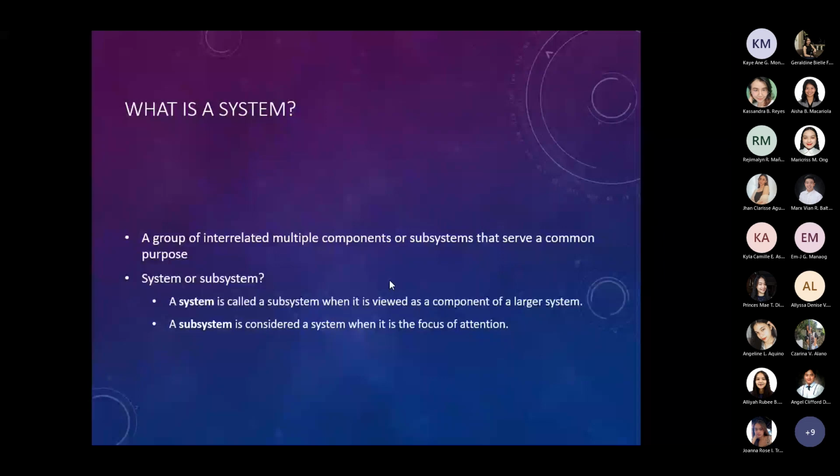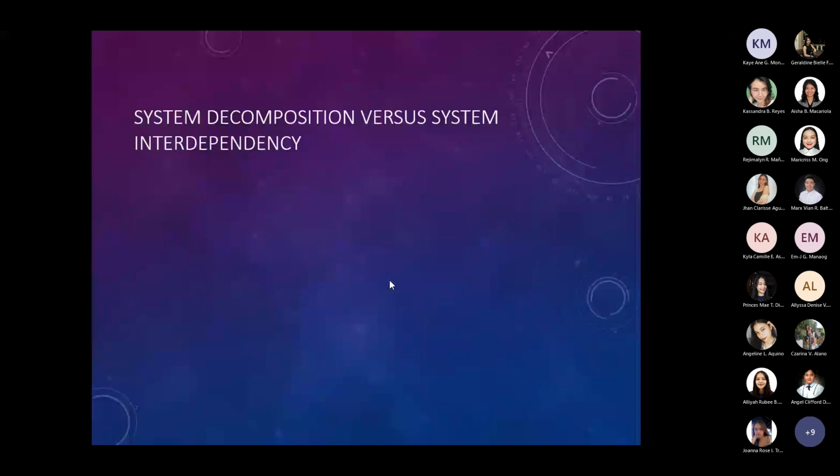Viewed siya as system if it is the focus of attention. If you want the collection information, dito ka sa collection information system or collection system. So, yun po yung tinatawag nating system. Pwedeng subsystem siya or pwedeng system siya, depende kung anong information ang need mo or yun yung focus mo.